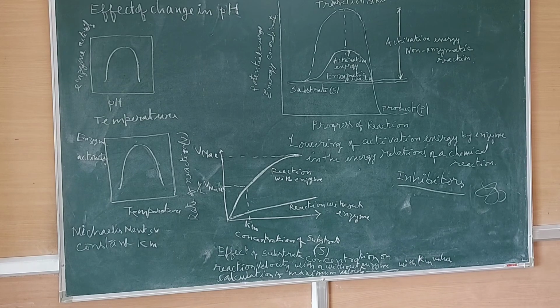An enzyme with a high Km has a low affinity for its substrate and requires a greater concentration of substrate to achieve Vmax. The Y-intercept is 1 by Vmax.